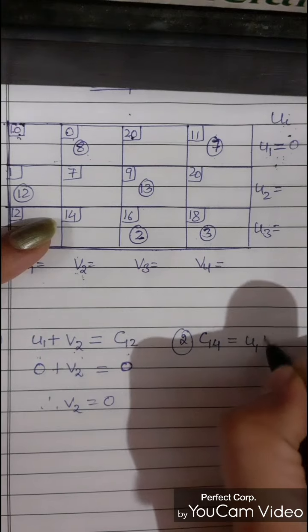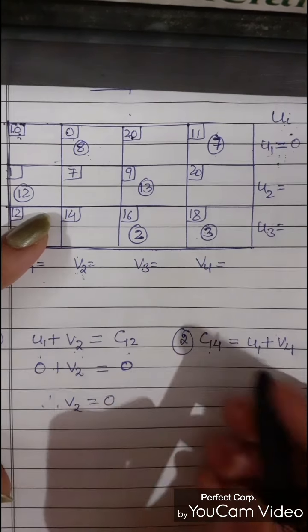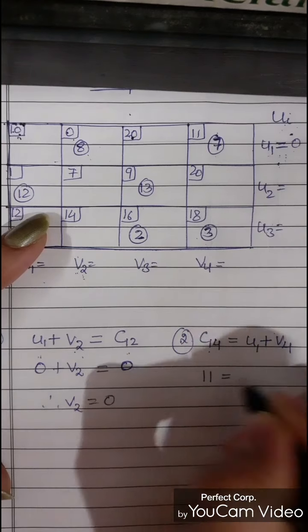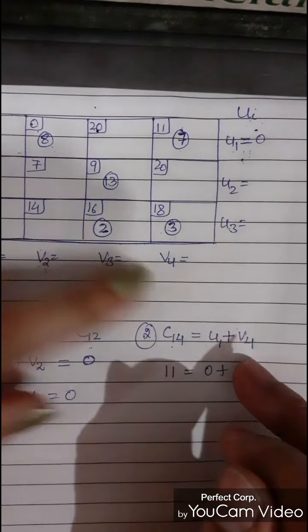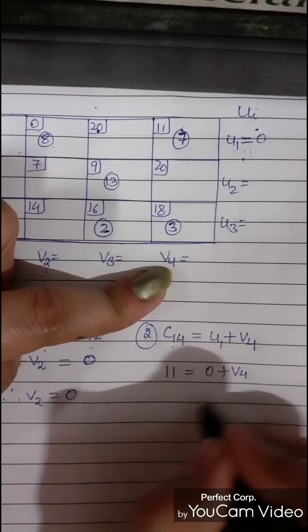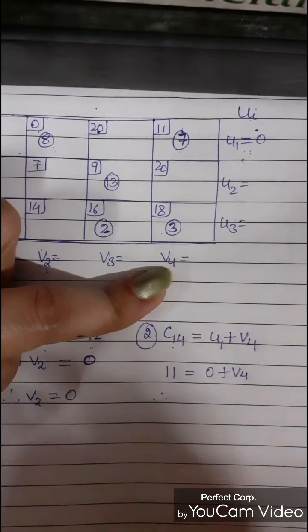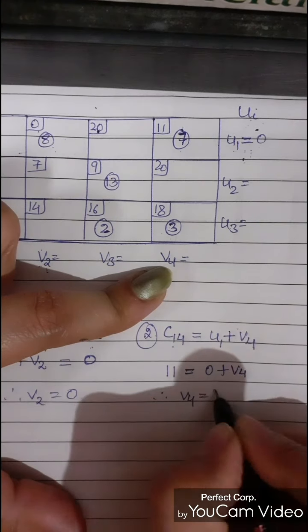U1 plus V4. And what is the value of this cost? C14 is 11 and U1 is 0 plus V4, I don't know what V4 is. I have to calculate V4. So indirectly or directly you can understand V4 is equal to 11.